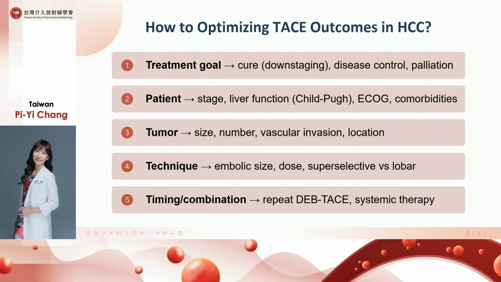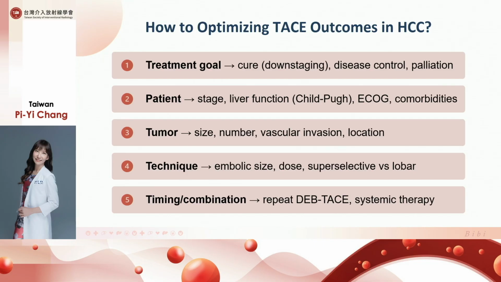And how to optimize the TACE outcomes in HCC, I have categorized into 5 parts. The treatment goal: we have to think, are we going to cure the disease, including downstaging, or are we going to do disease control, or even just palliative treatment? And also the second part is patient selection: the HCC staging, the liver function, ECOG performance, and is there any comorbidities?